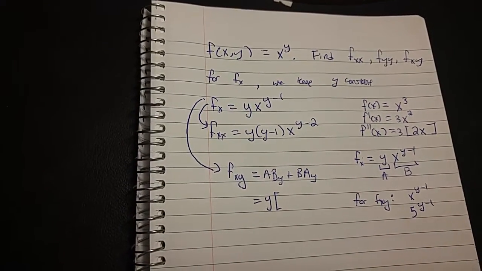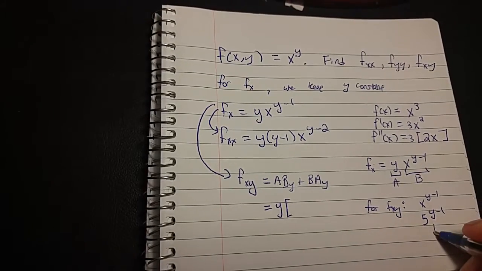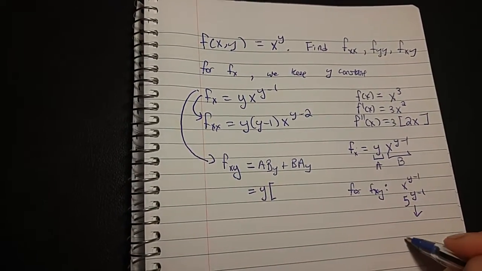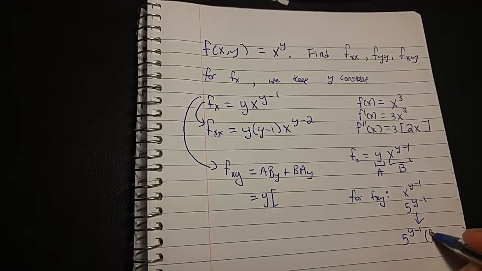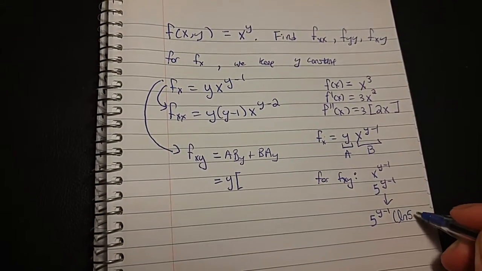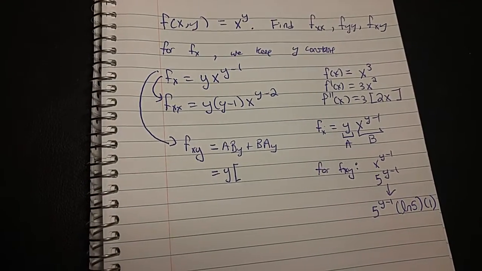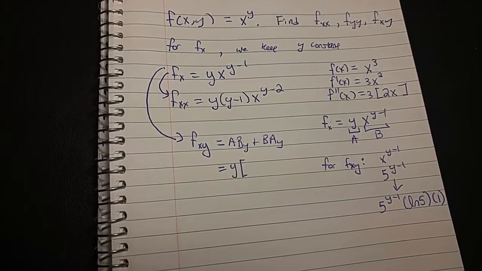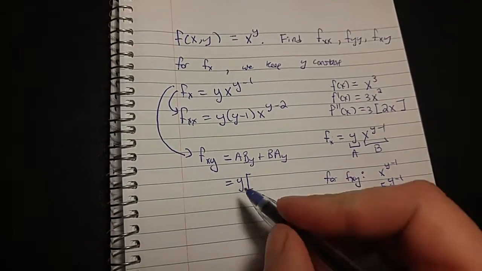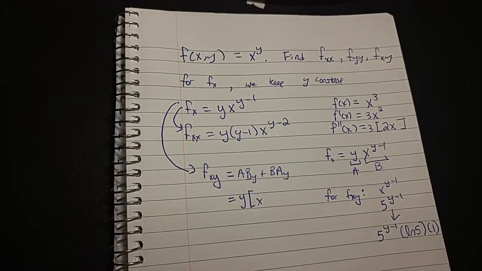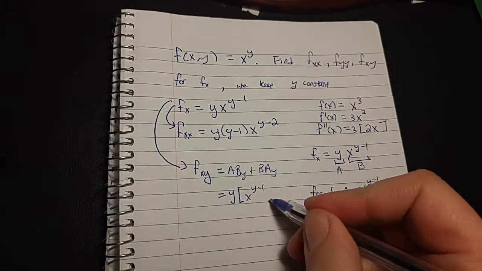We're replacing x with a constant now. We're doing a y derivative. So if you take the derivative of 5 to the power of y minus 1, we're going to have 5 to the power of y minus 1 times the ln of the base, ln 5, times the derivative of y minus 1, which is 1. So that's an exponential derivative. But we don't have a 5, we have an x. So it'll be x to the power of y minus 1 times the ln of x.